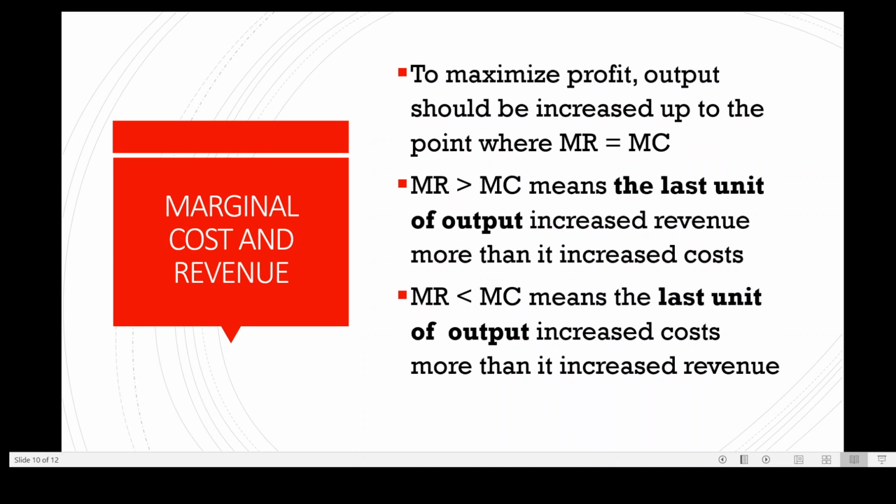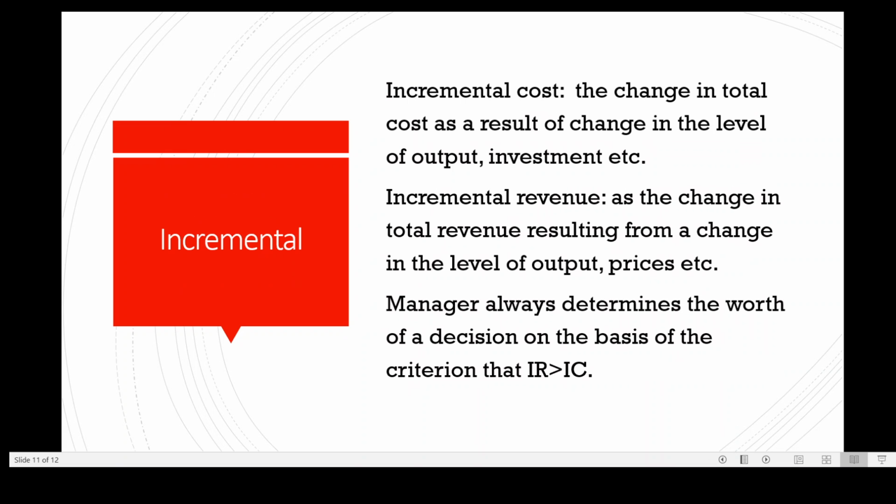In economics, we believe that to maximize profit, output can be increased up to the level where marginal revenue equals marginal cost. If the marginal revenue is more than the marginal cost, then the last unit is giving us more profit. If the marginal revenue is less than the marginal cost, the last unit is becoming expensive. It may not be advisable to continue there.